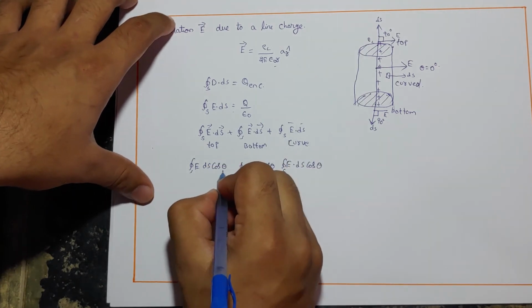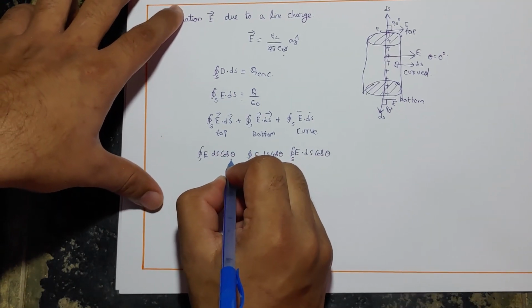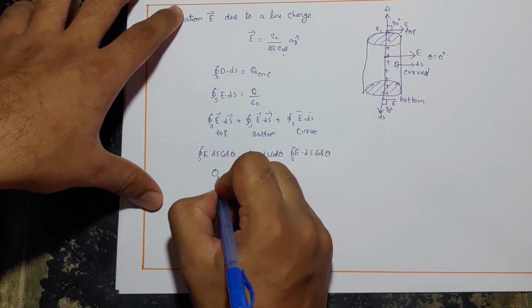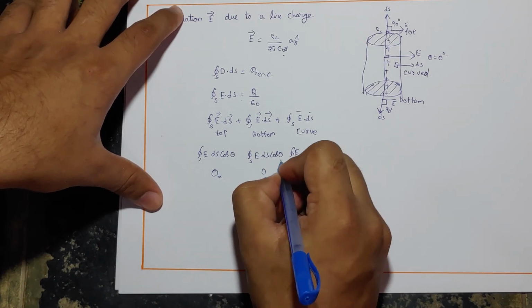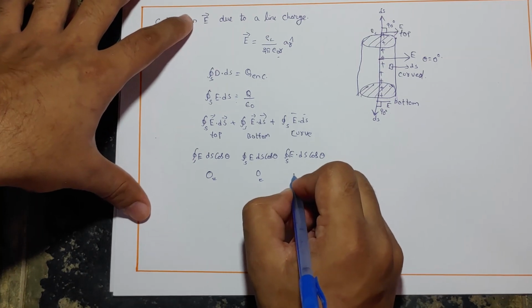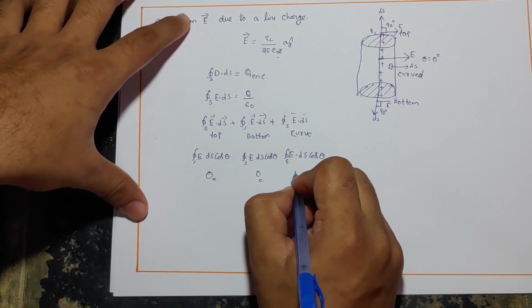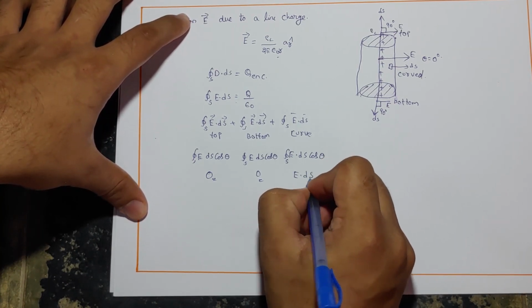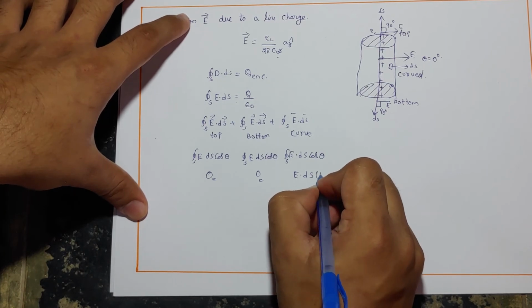Here theta is equal to 90. We know that cos 90 is equal to 0. This is equal to 0 as theta is 90. Here theta equal to 0, so that is equal to E ds, which is of 1.